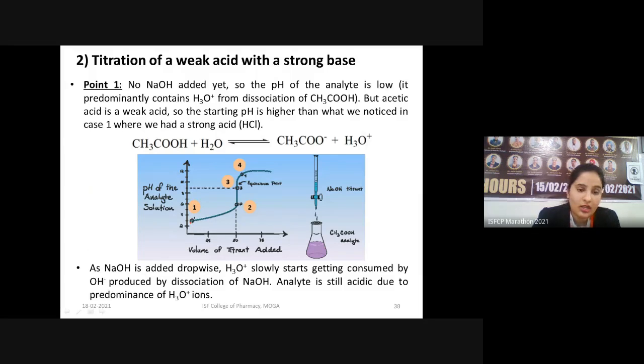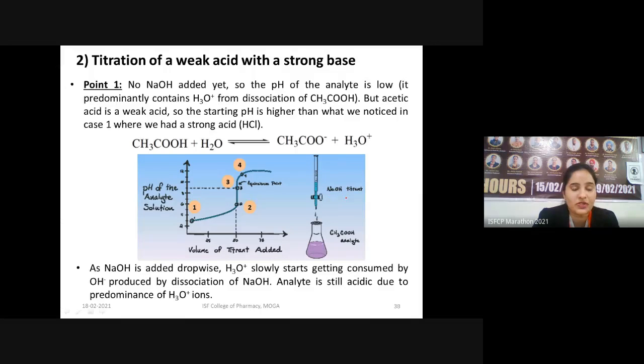Now after point number 1, we will be adding sodium hydroxide dropwise. As we add sodium hydroxide dropwise, we will observe that the hydronium ions which have been produced by the dissociation of acetic acid are getting slowly consumed, slowly neutralized by the OH negative ions which we are adding from the burette, that is sodium hydroxide.